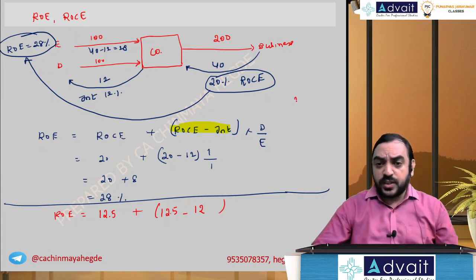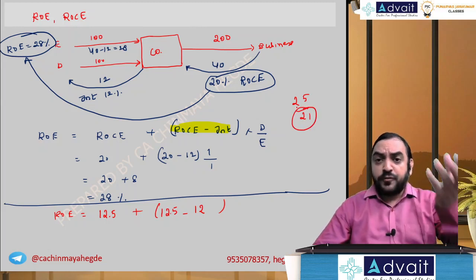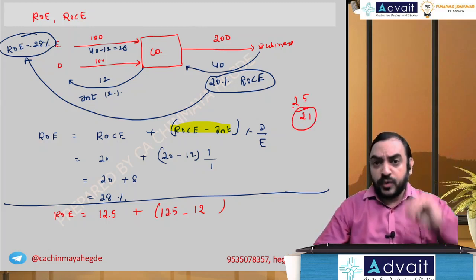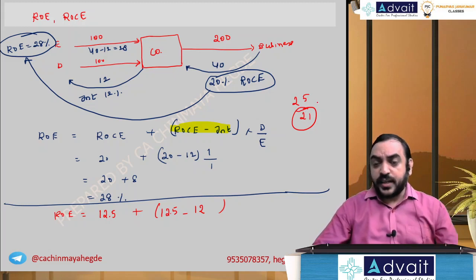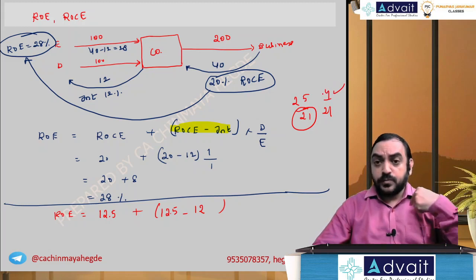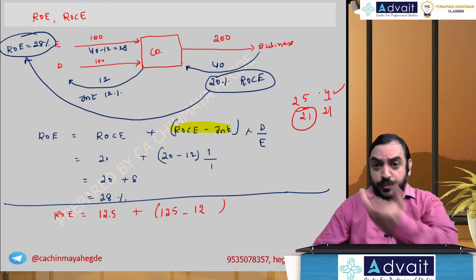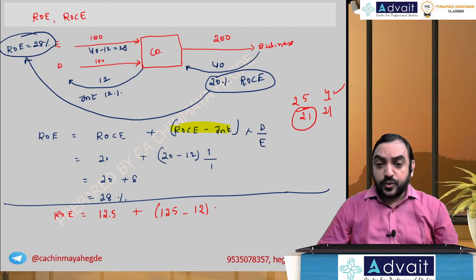Proportionately, the weight was 25 by 21, means 21 rupees you take from your pocket and 4 rupees you borrow, and totally you invest 25. That's what it means, right? 25 by 21, 4 by 21, which means 4 rupees comes from a loan and 21 rupees comes from your own pocket. So into debt by equity, so I will do into 4 by 21. You check out whether we get the same answer.